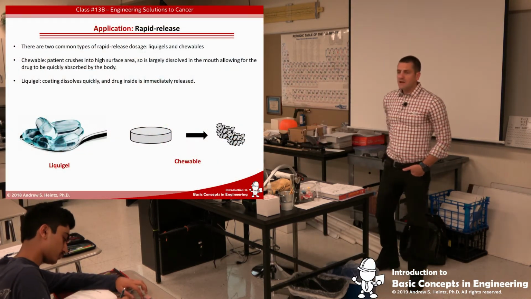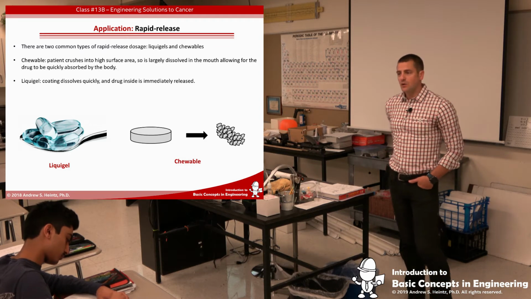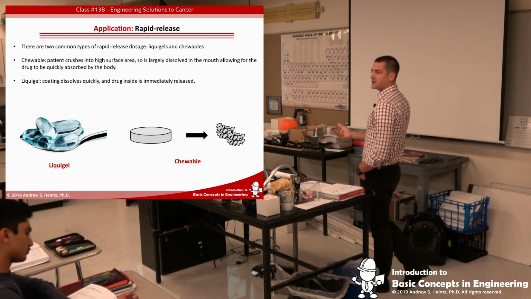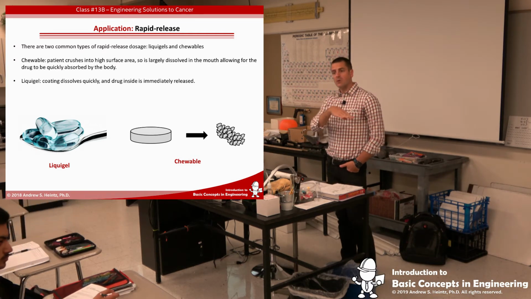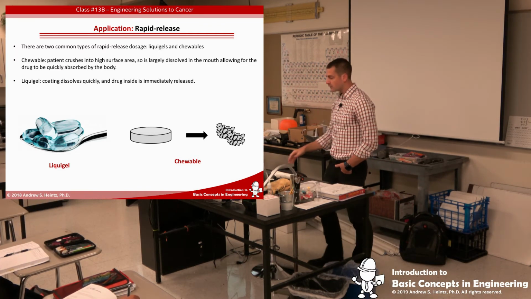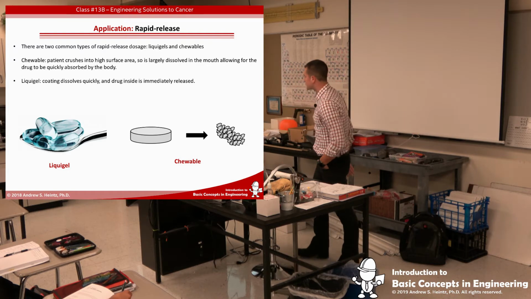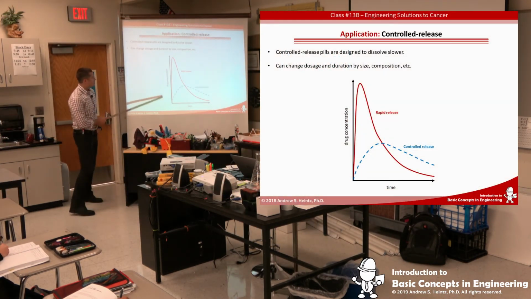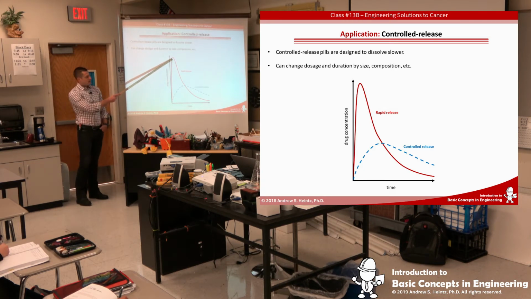Liquid gel, that might be like, oh man, I have a super bad headache and I need it to go now. You might take a liquid gel, or you can be like, all right, I have a minor headache, let's take just a normal pill, and then that will slow essentially the curve. And what that leads to is a difference in our concentration profile. A rapid release will get you a huge spike, but its tail is going to be pretty sharp.